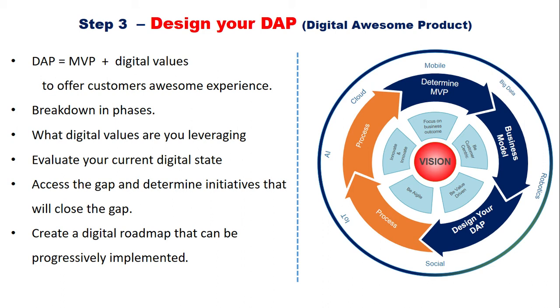For example, making it available through your mobile phone. That's a digital value. So you don't need to go out and stand on the road. Through your mobile phone, you're able to make it. So a digital value has been added, making the customer journey simple.